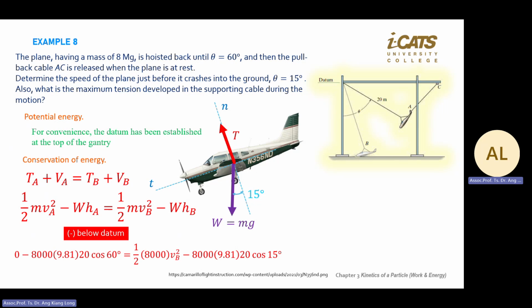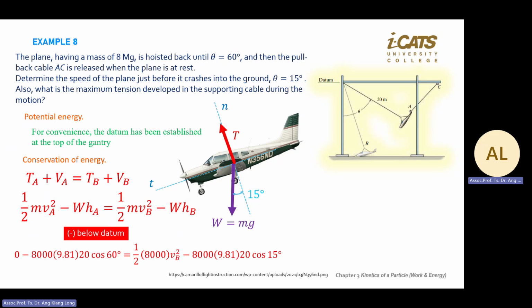You find your H here. 60, 20, so it's a cos. You are calculating the H here. Why do you use H? Because you are dealing with potential energy, mgh. Sign is wrong. Sine 30, yes. You get the same magnitude.